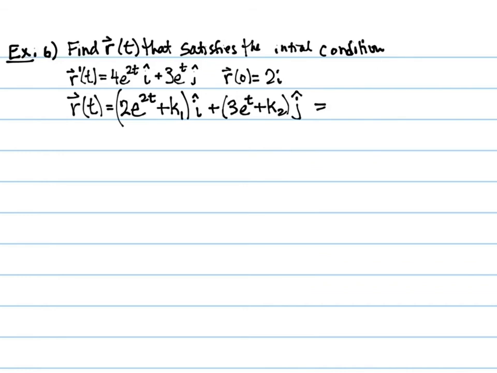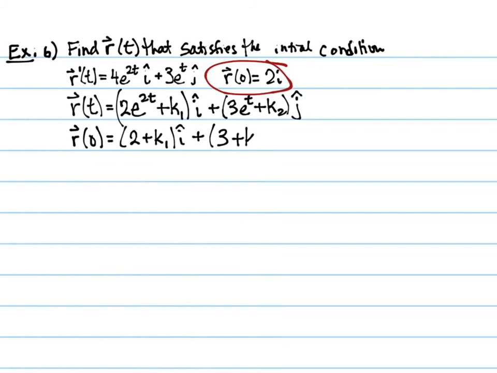Okay, and we want to evaluate it at r of 0 equals 2i. So this would be r of 0 equals 2 plus k1 i plus 3 plus k2 j, and it's supposed to equal 2i.